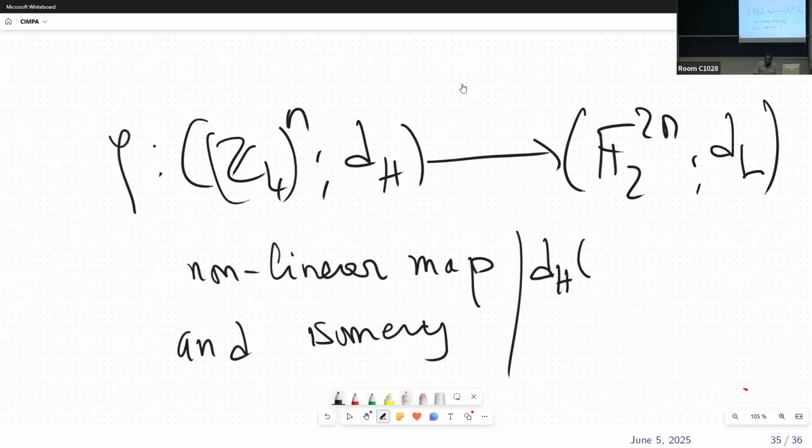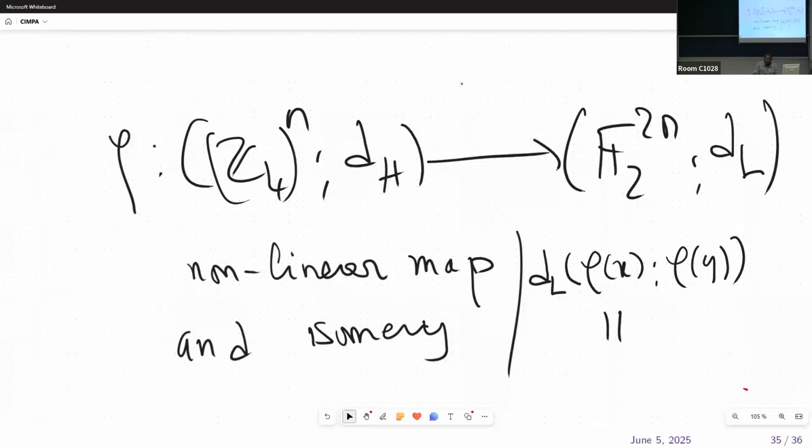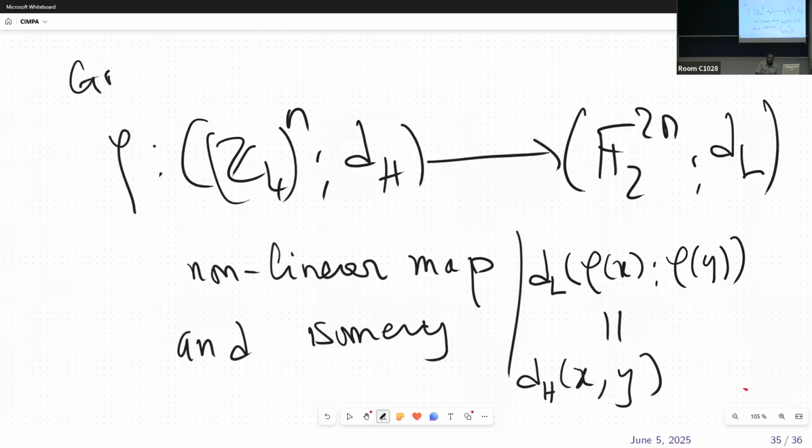Isometric means that the Lee distance of phi of x and phi of y equals the Hamming distance between x and y. The Hamming distance between x and y equals the Lee distance between their images. Okay. So this is called the Gray map.